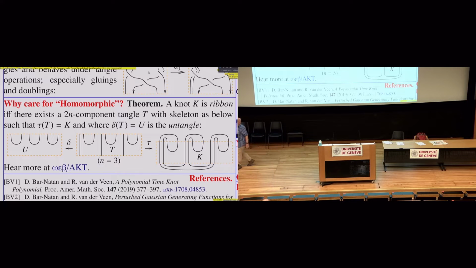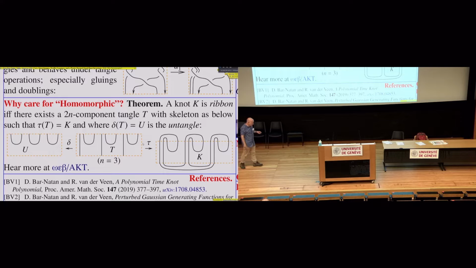Now, if the invariant is homomorphic, then the value of the invariant on a ribbon knot will be constrained to lie in some subset which is defined by the algebraic analog of this condition.